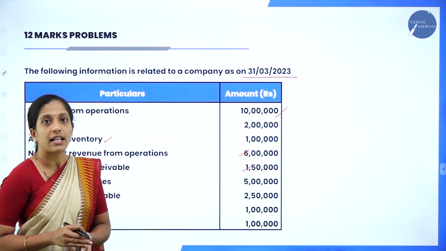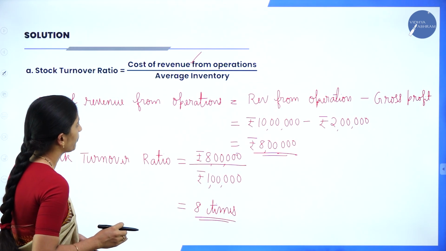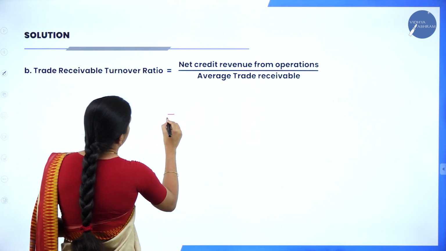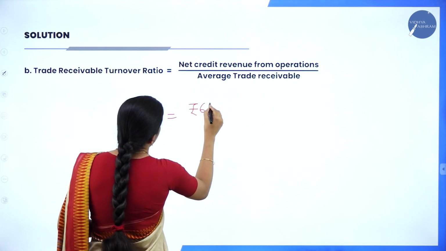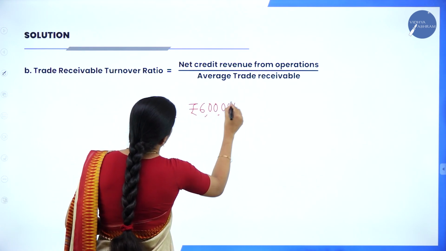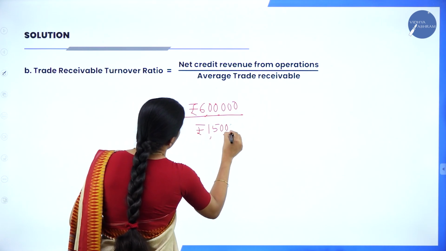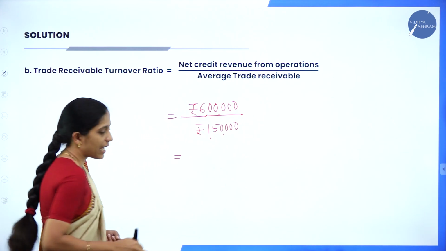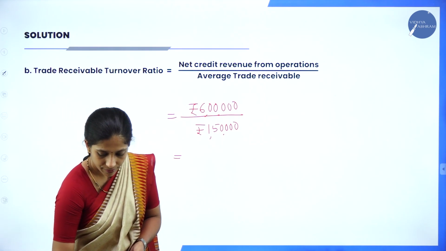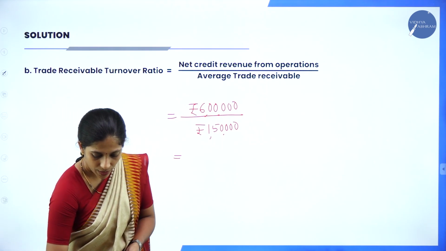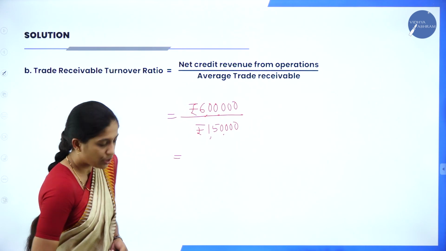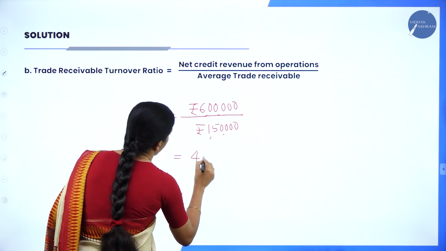So, you can apply directly rupees 6 lakh divided by rupees 1,50,000. So, we will get 4 times.